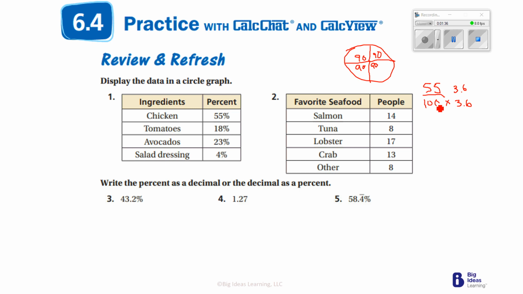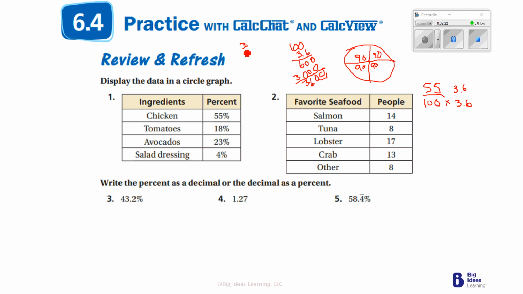Again, multiplying the bottom by 3.6 because 100 times 3.6 gives me a 0, a 0, and a 6, then a 0, a 0, and a 3, and that's 3,600. Remember, because I have that decimal here, I have to move it back 1, making it 360. And that means I would take 55 times 3.6.